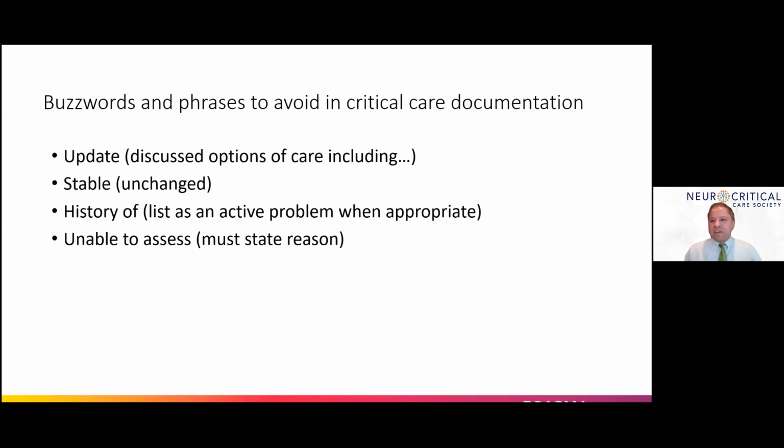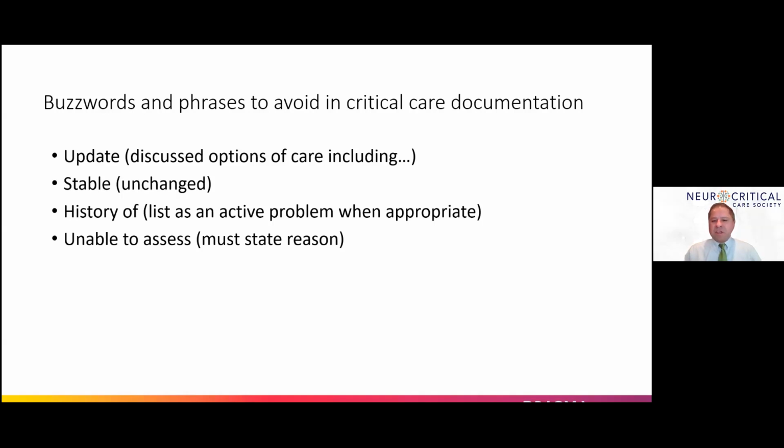Another thing to avoid is saying the word stable. Often our radiology colleagues will say stable ICH, or stable midline shift, or stable ischemic stroke. And unfortunately, that gets pulled into our documentation for which we are held responsible.